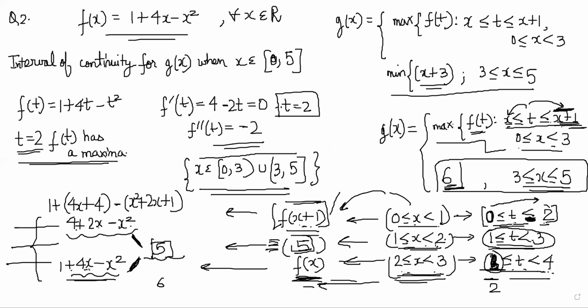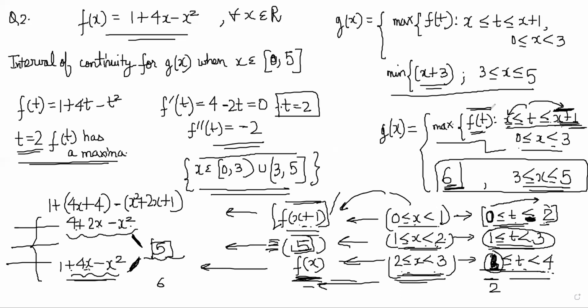When x is near 2, t is basically f of t, maximum f of t. Maximum of f of t will be what?